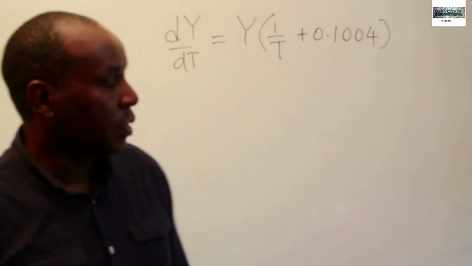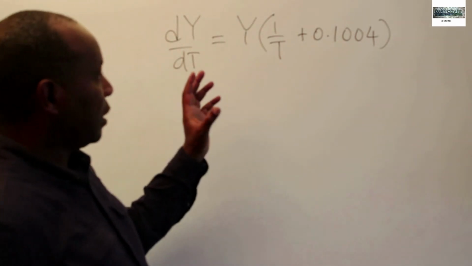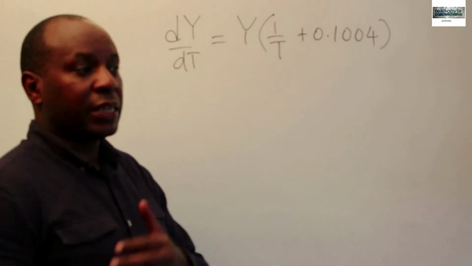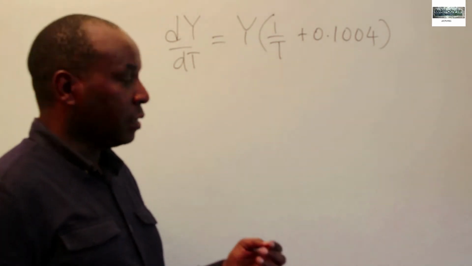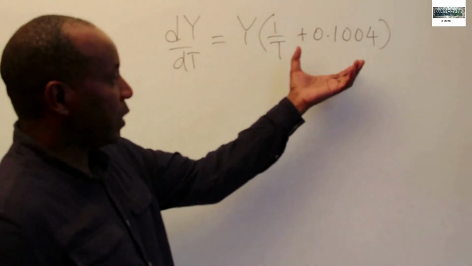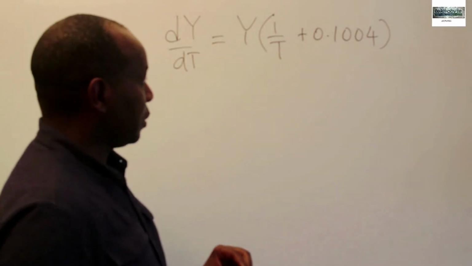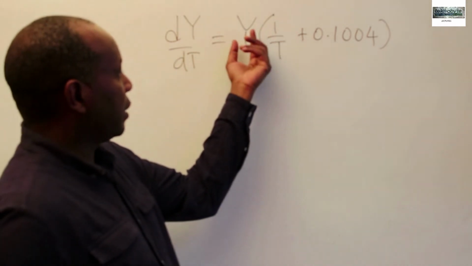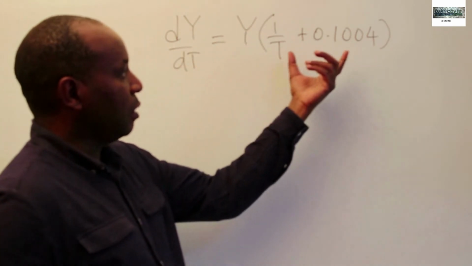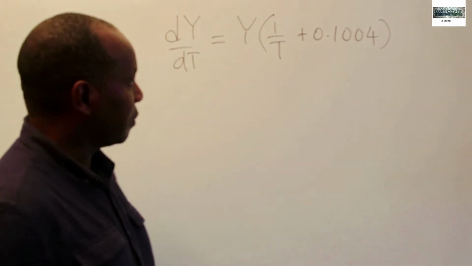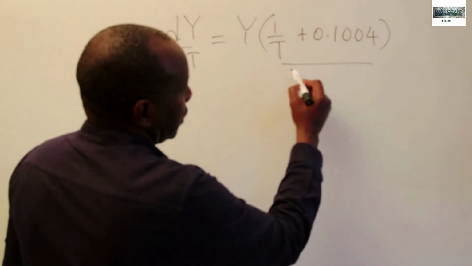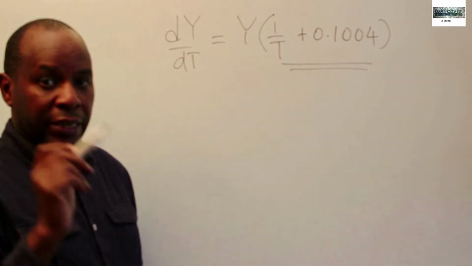Now, what we are saying is that if you had a certain number of cases yesterday, the following day you are going to more or less have the number of cases that you had yesterday multiplied by this factor. This factor is quite important, so let's look at it critically.